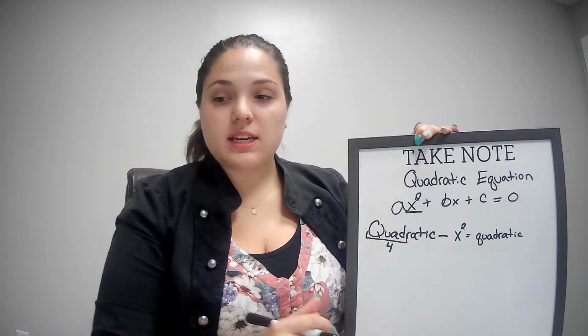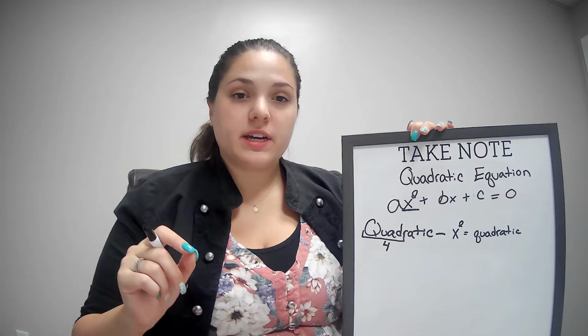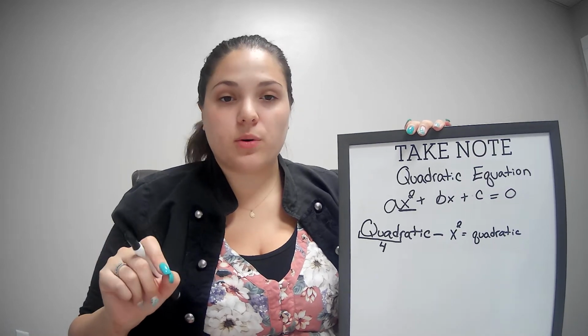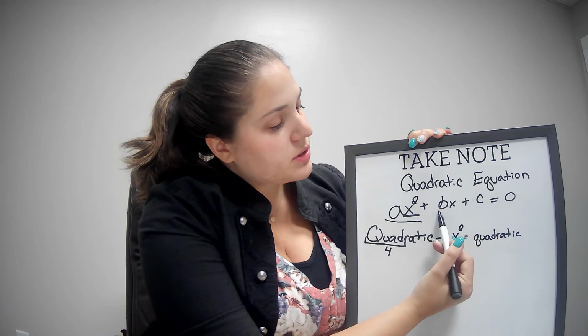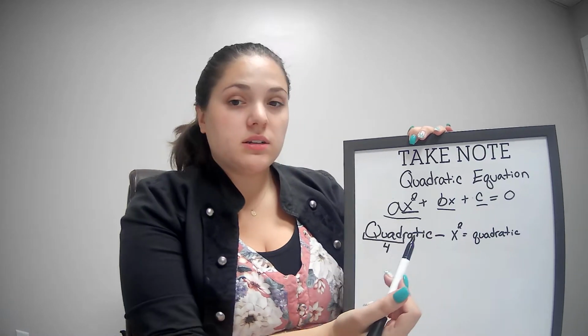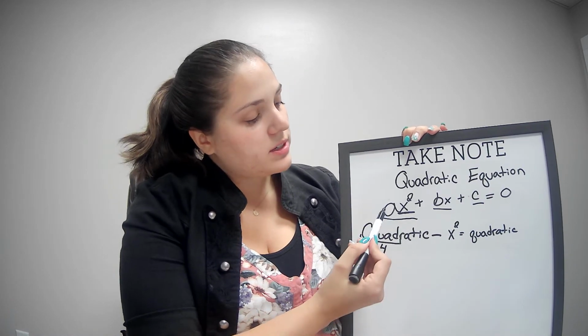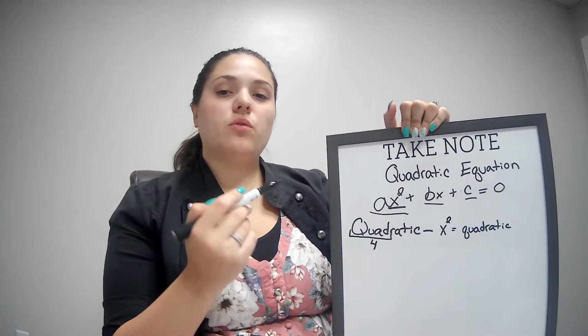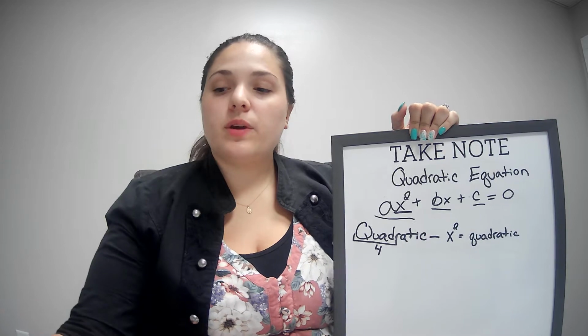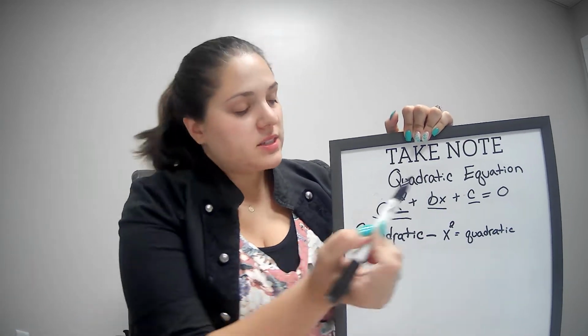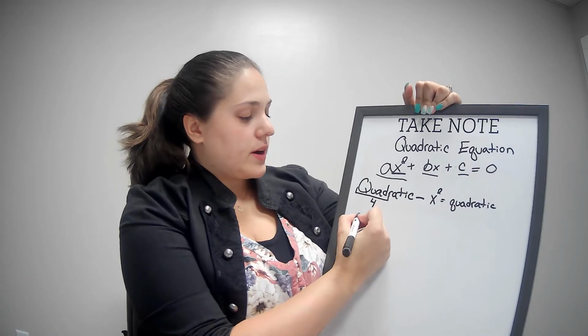So the next thing that we need to write down in our math notebooks is what each of these terms mean. So we need to write down, what does ax squared mean? So based on what we just talked about, the first thing that we can determine based on this, what does ax squared mean?